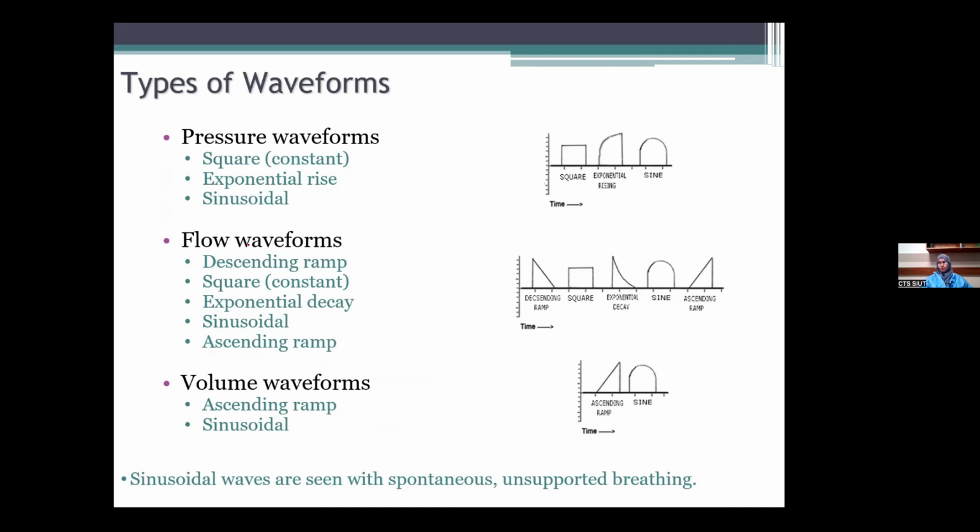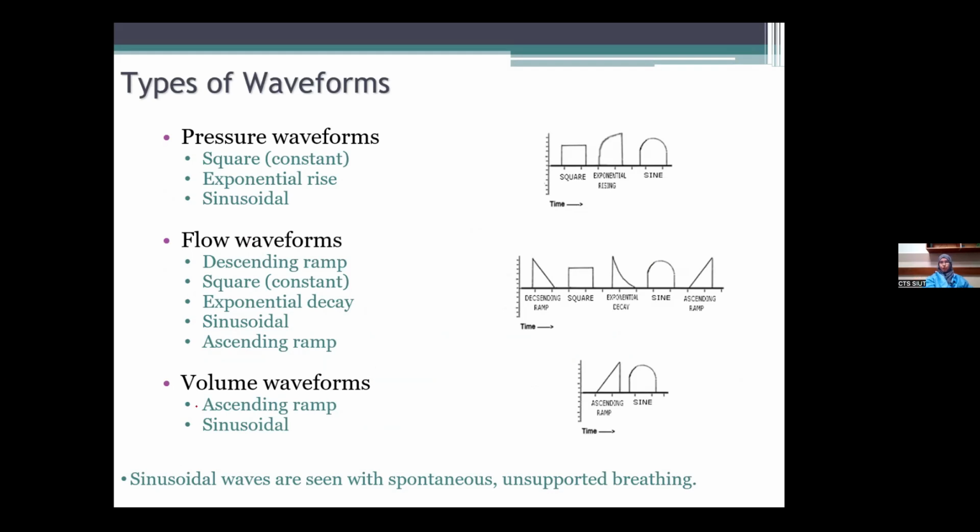The pressure waveforms in the two modes that we most commonly come across can be either a pressure mode or a volume mode. Whenever you're looking at a pressure waveform, it would either be a square wave, an exponential rise, or a sinusoidal. No fourth option would be available for a pressure wave.